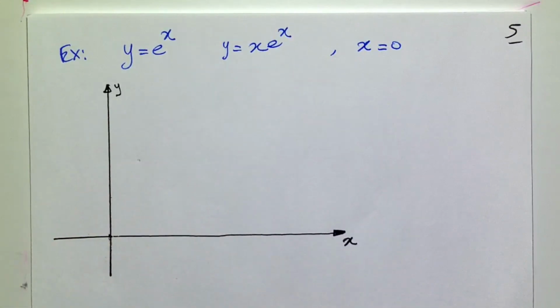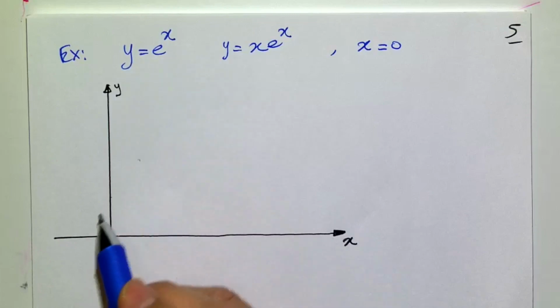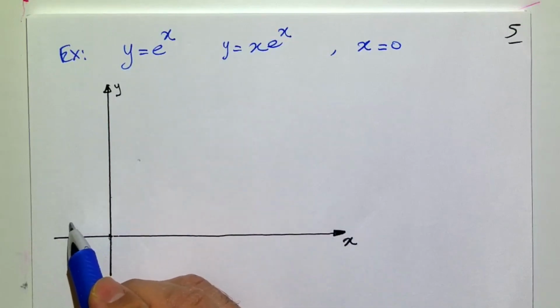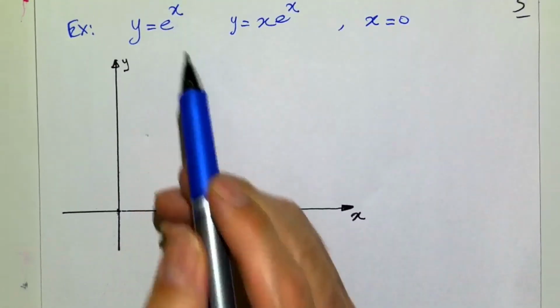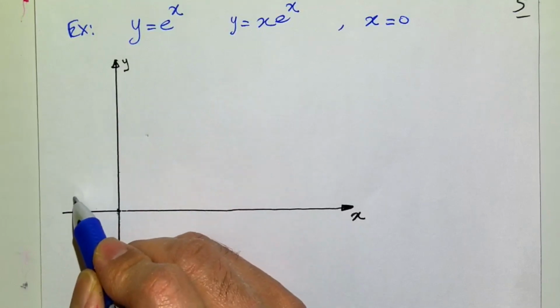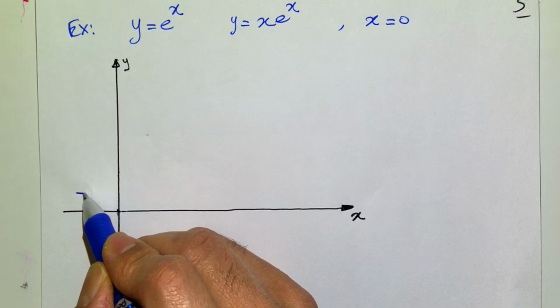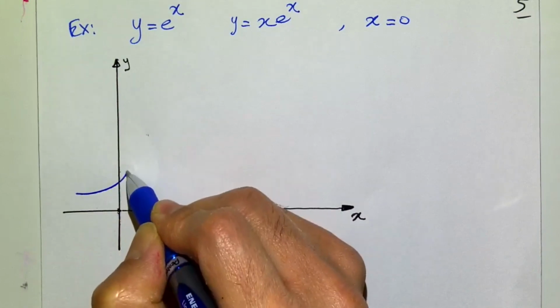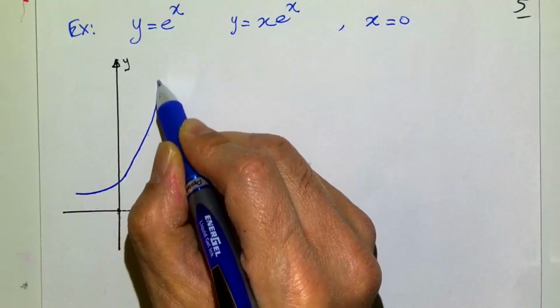This function, e to the x, we can start from here. We've drawn exponential functions plenty of times in basic algebra classes, so we know it goes something like this. It starts here, crosses the y-axis like that, and then steeply goes up.